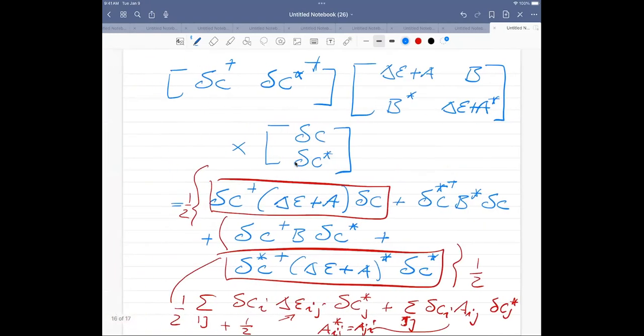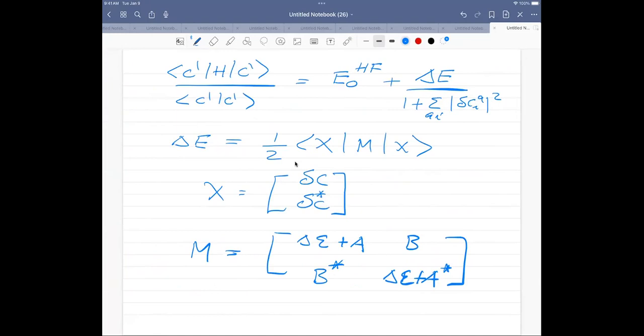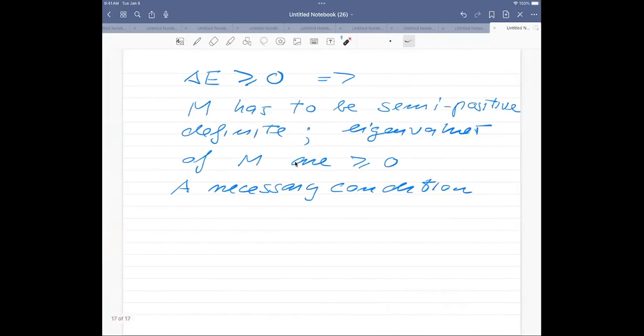So if you look at this specific matrix which we have here, if you now have 0 contributions from the non-diagonal ones, then the eigenvalues are just given by the diagonal matrix elements. So a necessary condition, when you don't want to diagonalize the matrix, is that these diagonal elements should be larger than or equal to 0.